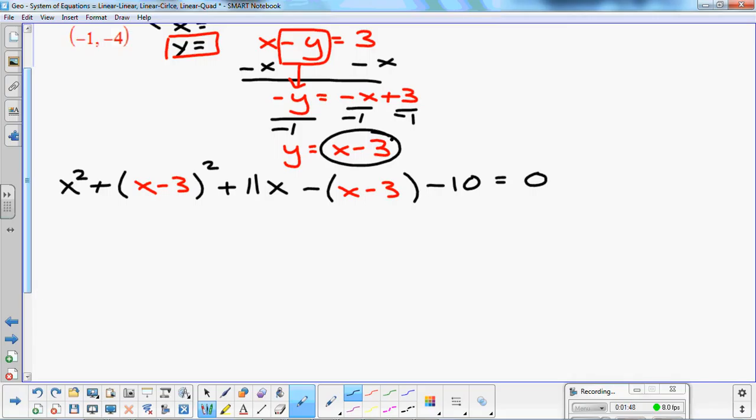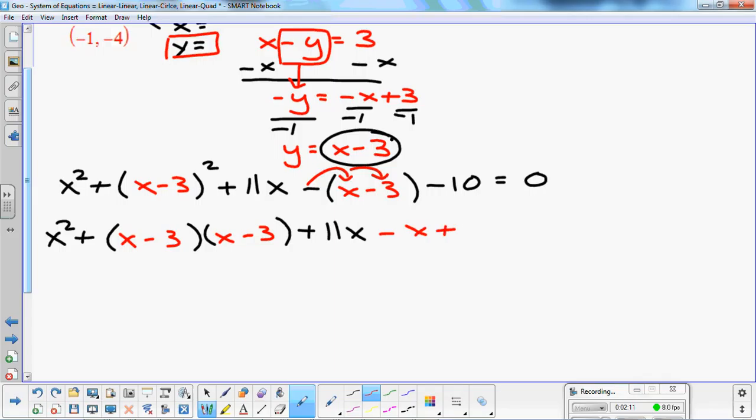Now I just need to get to a point where I can solve for x. I have x squared plus, the x minus 3 squared means I have two parentheses there of x minus 3 and x minus 3 plus 11x. This minus sign needs to be distributed, so I'm going to get minus x plus 3 minus 10 equals 0.